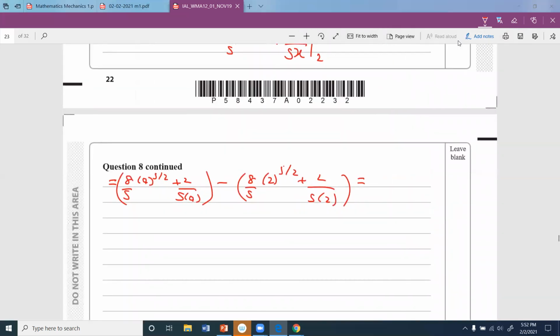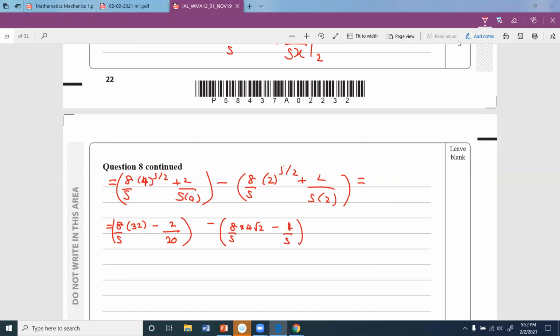This is 8 over 5 times 4 to the power 5 over 2. 4 to the power 5 over 2, if you put it in the calculator, turns out to be 32, minus 2 over 20 is the first part. Minus 8 over 5 times 2 to the power 5 over 2, which turns out to be 4 root 2, minus 1 over 5.